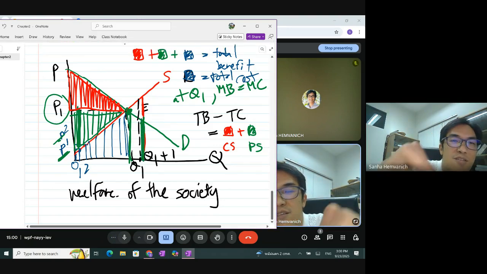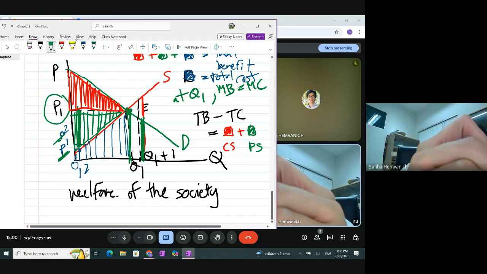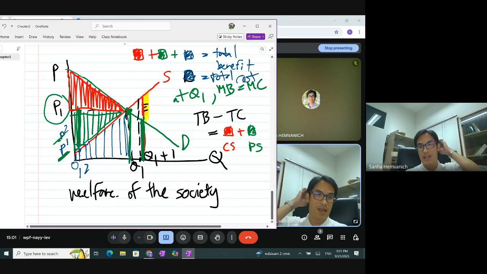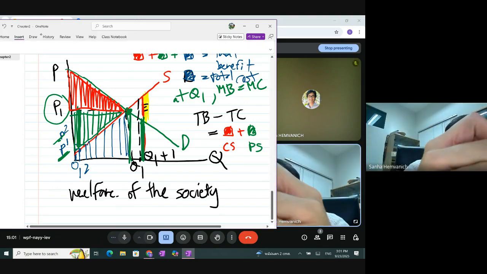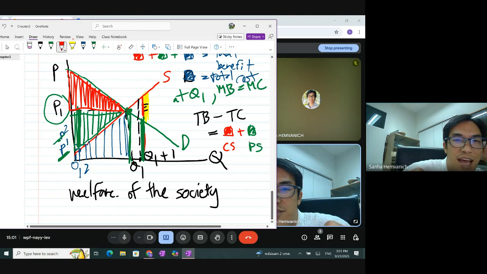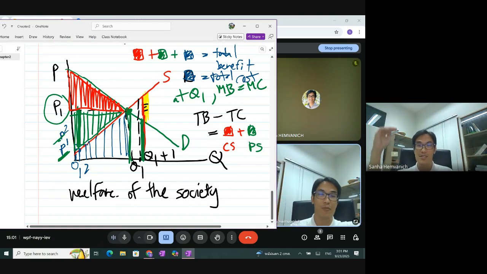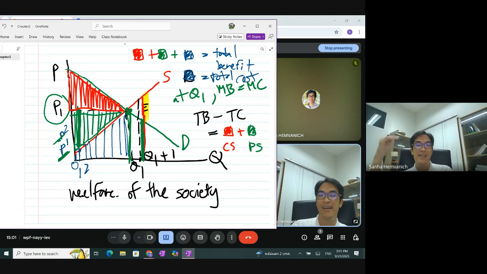So you can see that there's a gap, the difference between red and green. That is the negative benefit because the cost of producing this good is higher than the benefit you get.